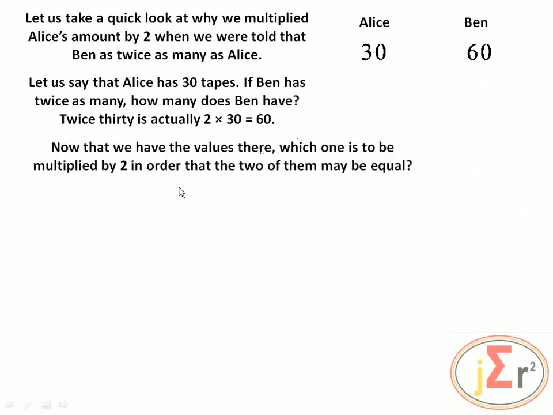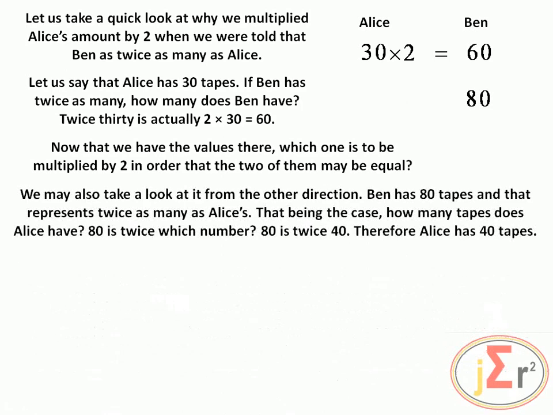Now that we have the values there, which one is multiplied by 2 in order that the two of them may be equal? You multiply Alice's number by 2. We may also look at it from the other direction. Ben has 80 tapes, and that represents twice as many as Alice.